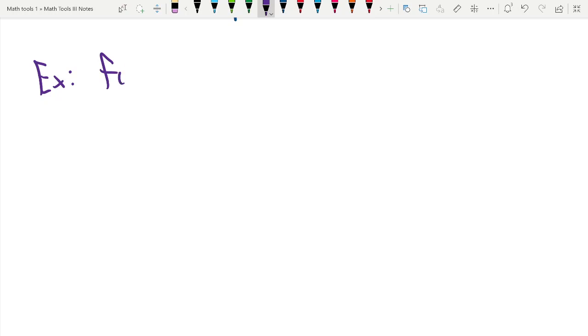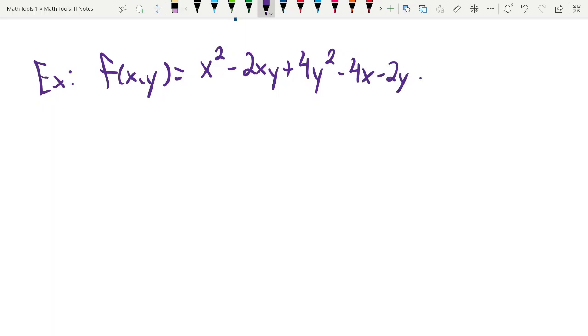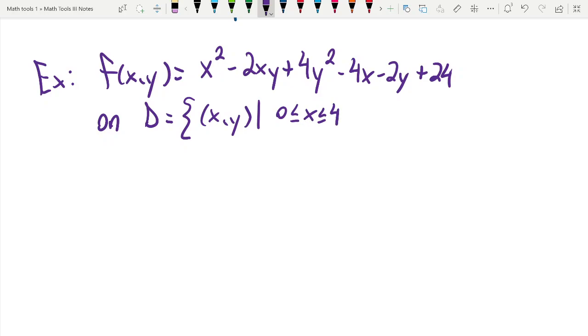Let's look at f of x, y equaling x squared minus 2xy plus 4y squared minus 4x minus 2y plus 24 on D, which is what we normally call the domain, defined by (x, y) such that x is between 0 and 4, inclusive, and y is between 0 and 2.